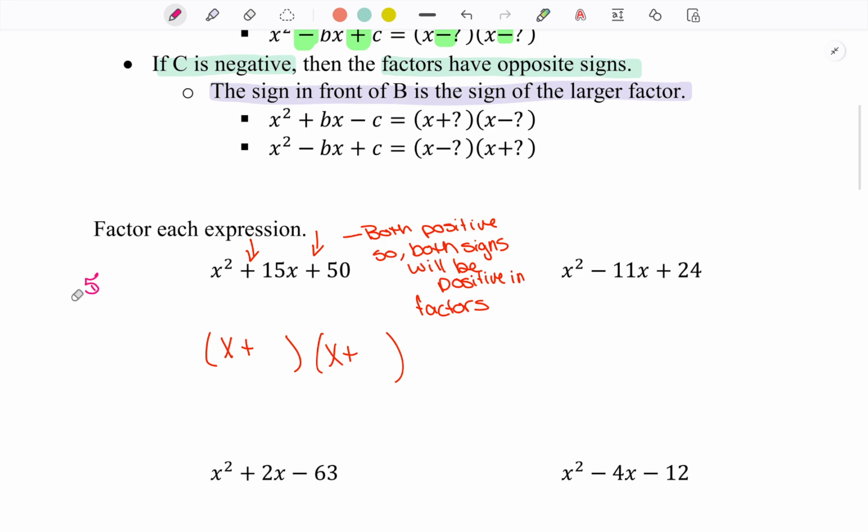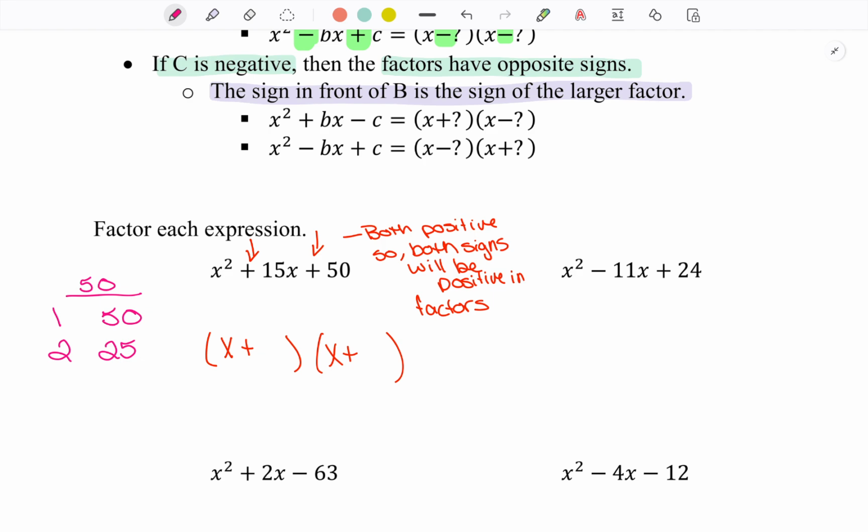Of course, if you don't know your multiplication tables, this gets a little difficult, but you can always get out your calculator and start dividing. So we know that 1 times 50 is 50, but it adds up to be 51. So that's not going to work. And then we have 2 and 25 that also multiply to be 50, but 2 plus 25 is 27.